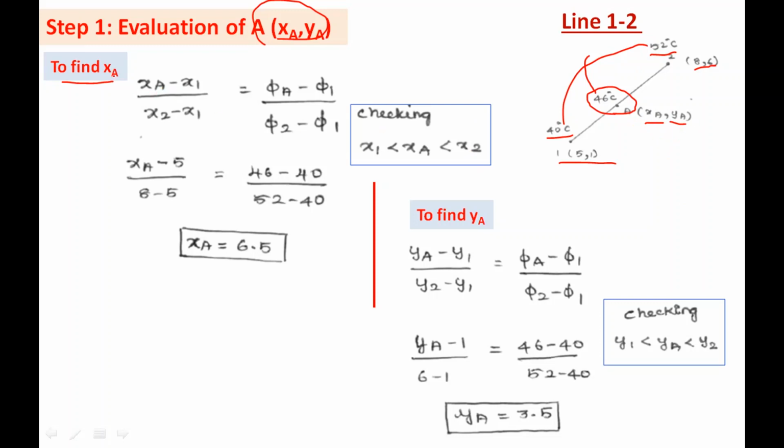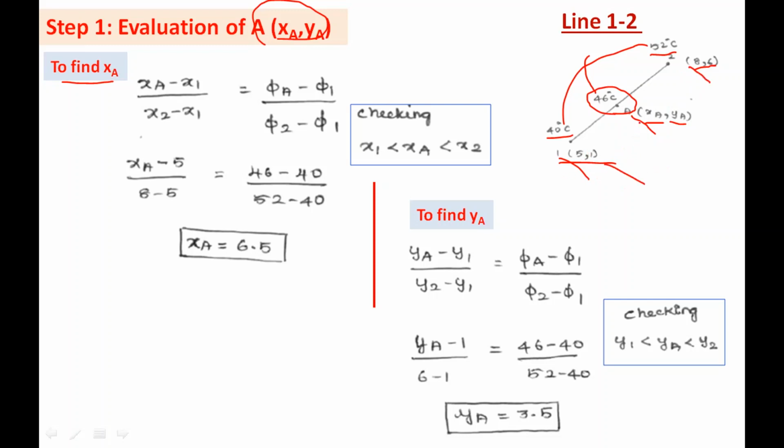Now, when you take a point A, we take the coordinate of point A minus point 1, divided by the coordinate of point 2 minus point 1.